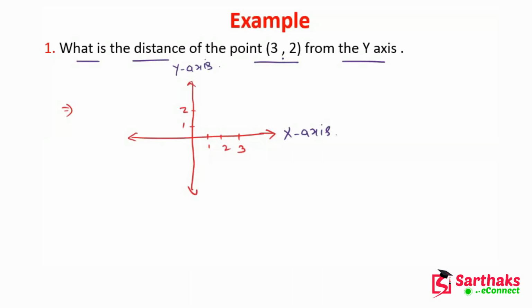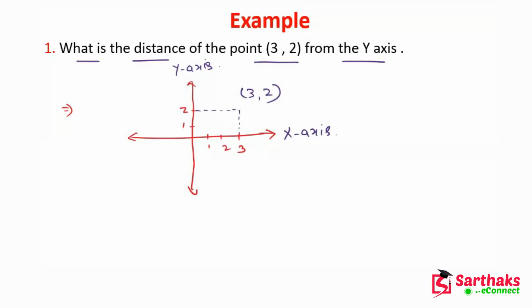We know that both the coordinates are positive, so this point lies in the first quadrant. This point will approximately lie here. So this is (3, 2).